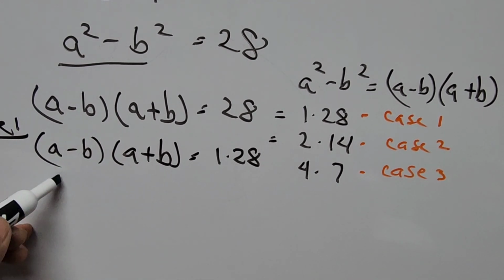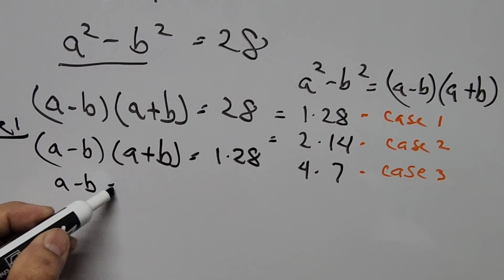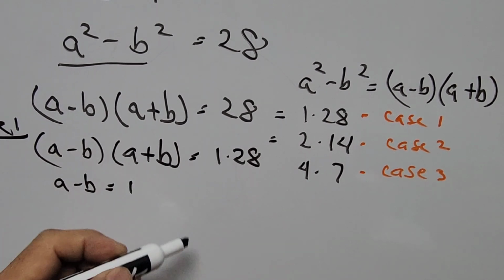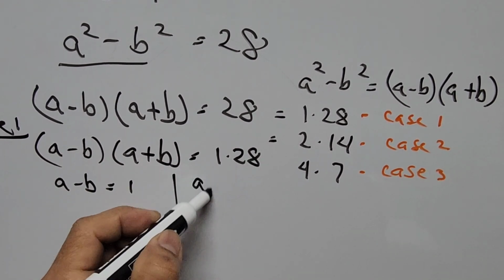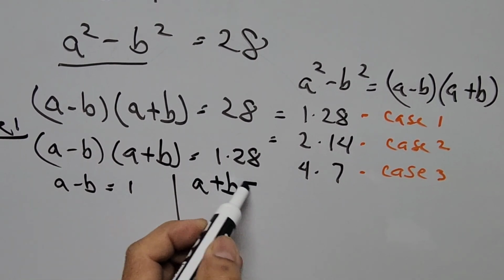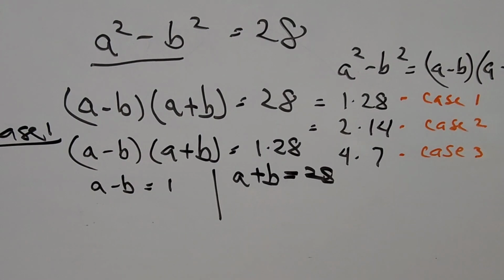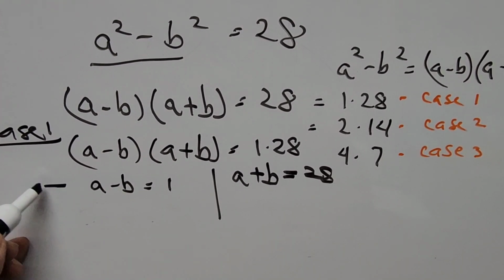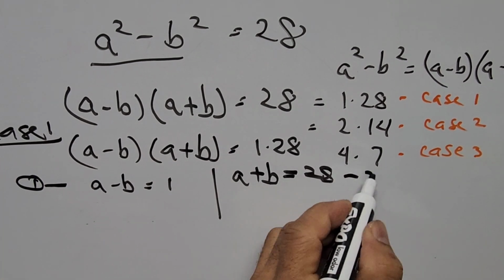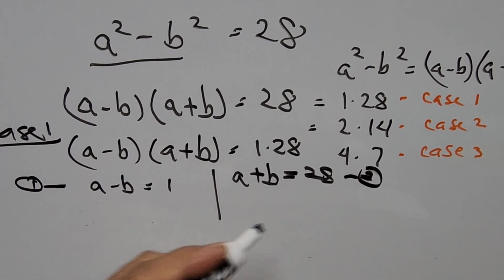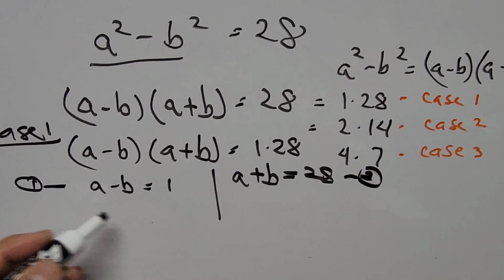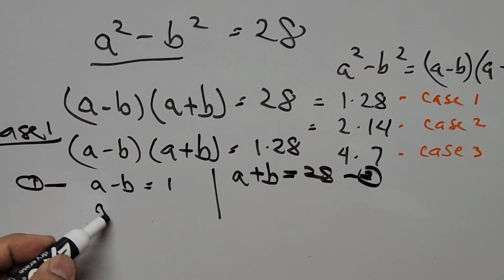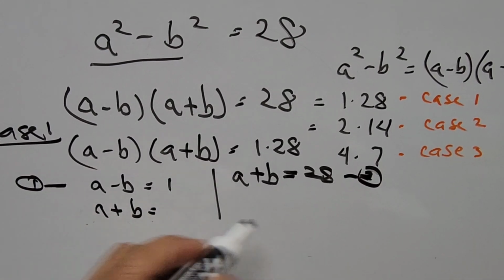So a minus b corresponds to our factor 1, and a plus b corresponds to 28. From here we add these two equations. Let's say this is equation 1 and this is equation 2. Equation 1 plus equation 2. If we do it over here, we add a plus b equals 28.